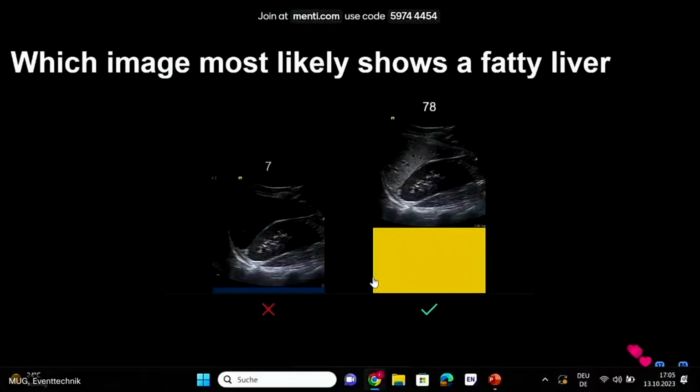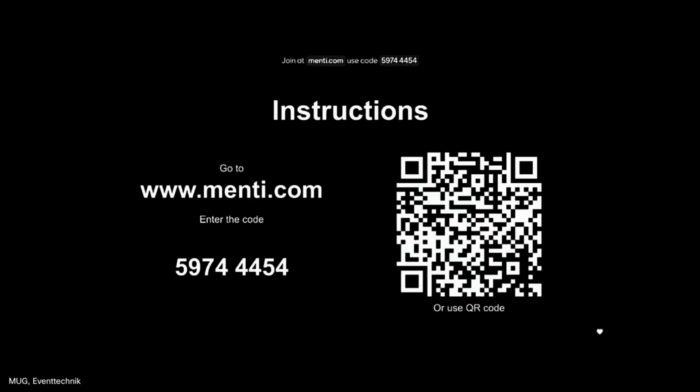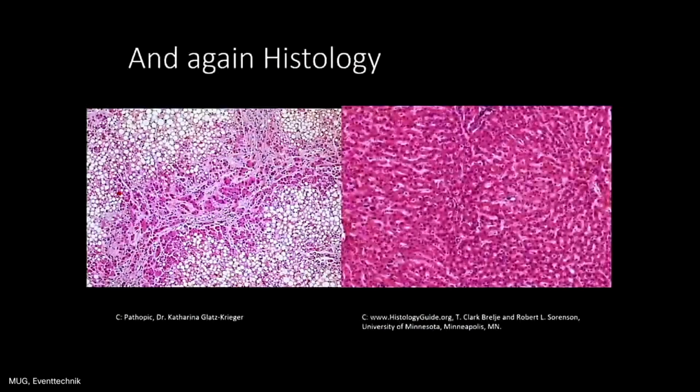Let's go back to histology for this one again. On the left side, you see the hepatic steatosis, where we have a lot of adipocytes and connective tissue, or scar-like connective tissue in the middle. And on the right side, we have healthy liver parenchyma, which looks quite homogeneous.